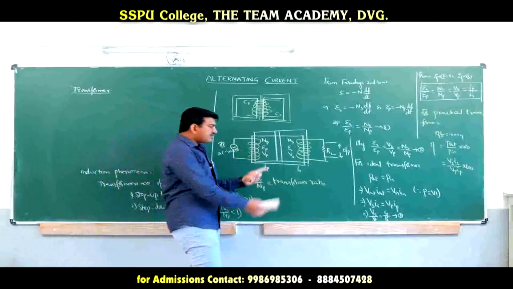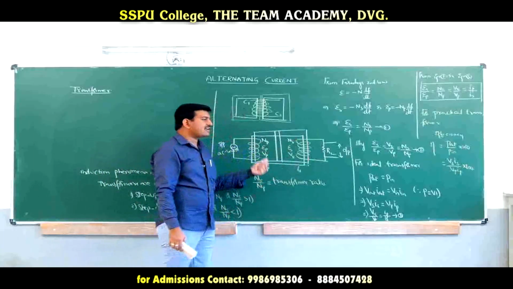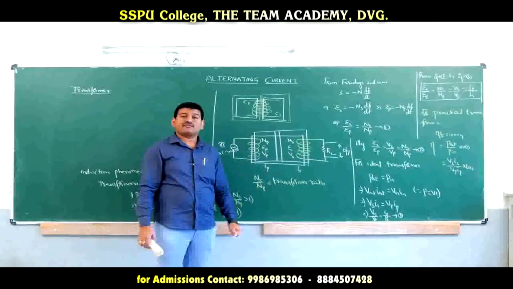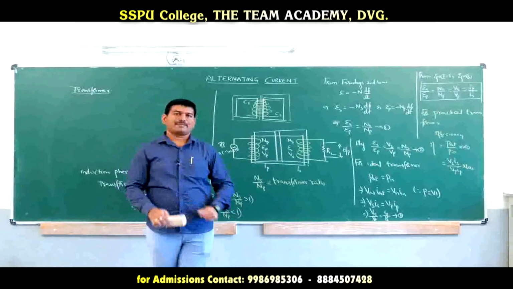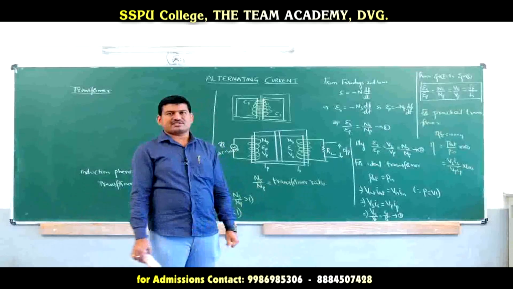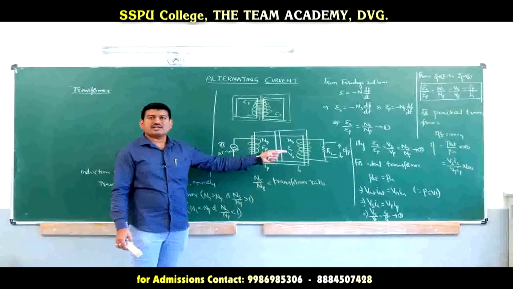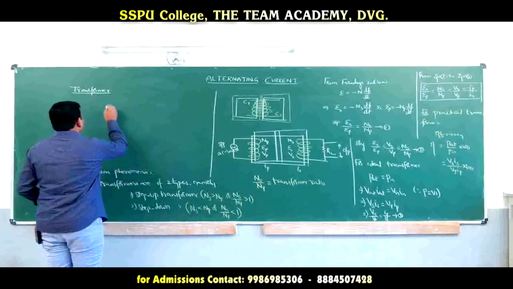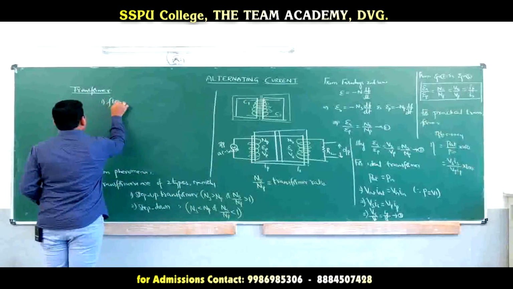In such a case, if this gap is large, then the flux linked with the first coil is not completely linked with the second coil. Therefore, there will be some flux leakage. Because of this flux leakage, there will be some reduction in the efficiency of the transformer. So, the first factor that is affecting is flux leakage.